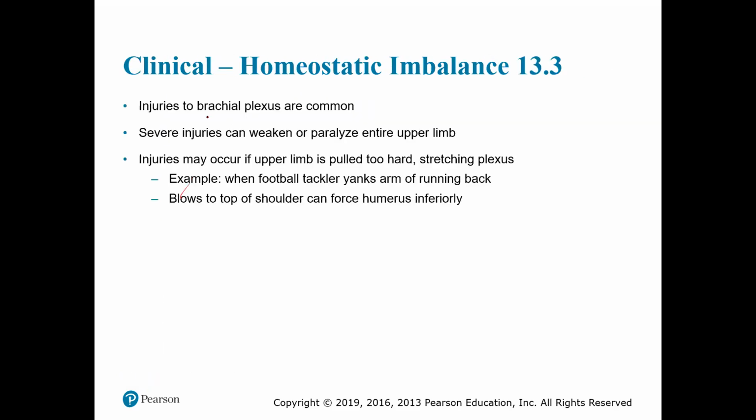So injuries of the brachial plexus, of course, are common because the bottom of your neck is so mobile, and shoulder injuries on top of it. So again, tackling in football, tension stretching of these cords of nerves in the brachial plexus causes numbness in the fingers, lack of mobility, maybe even paralysis and severe problems in the arms and fingers.